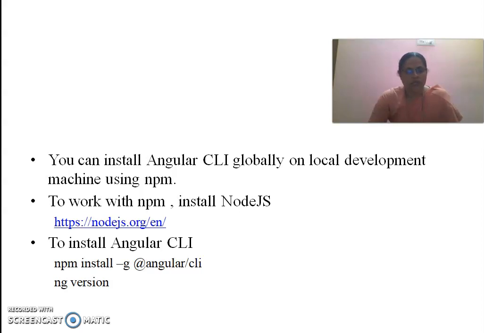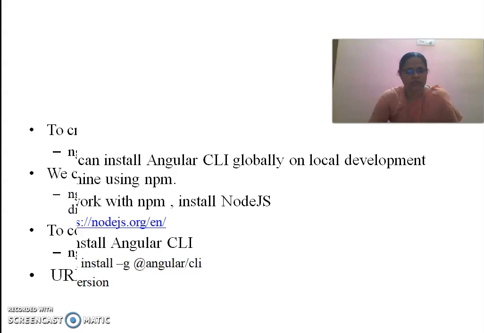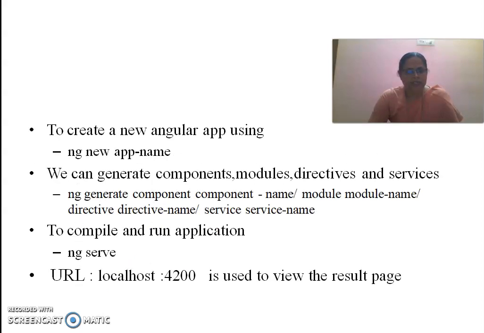To find the version of Angular CLI, we can use the command ng version. To create a new Angular app, use the ng new app-name command.